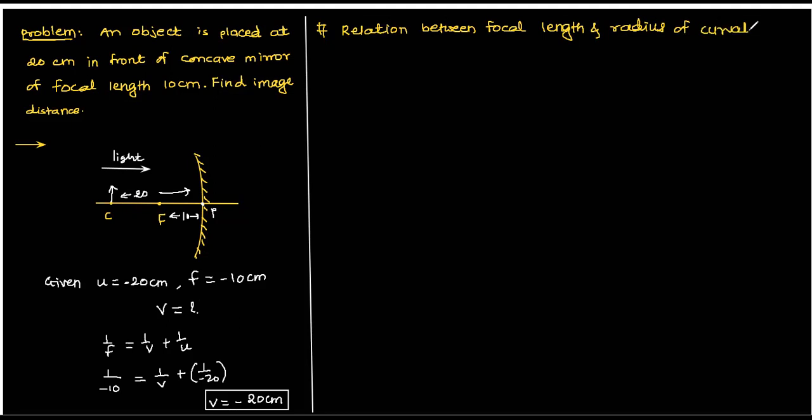Very simple. They are asking for IPE also sometimes. Concentrate properly this derivation, they may ask you for IPE. Okay, so concentrate this part. So let's see how it is. So again, I'm taking one concave mirror.